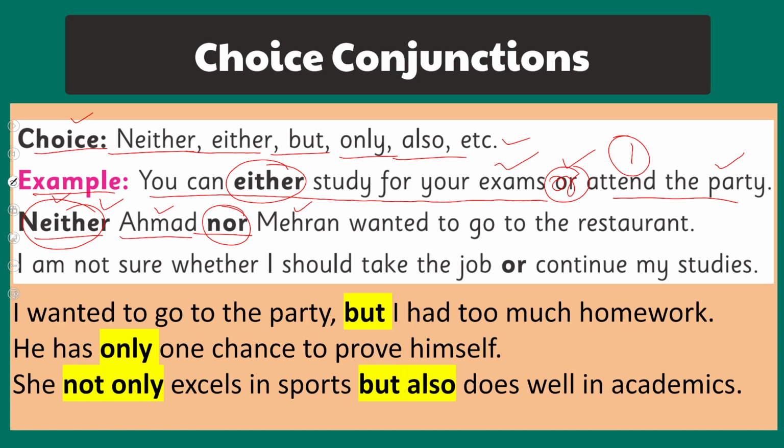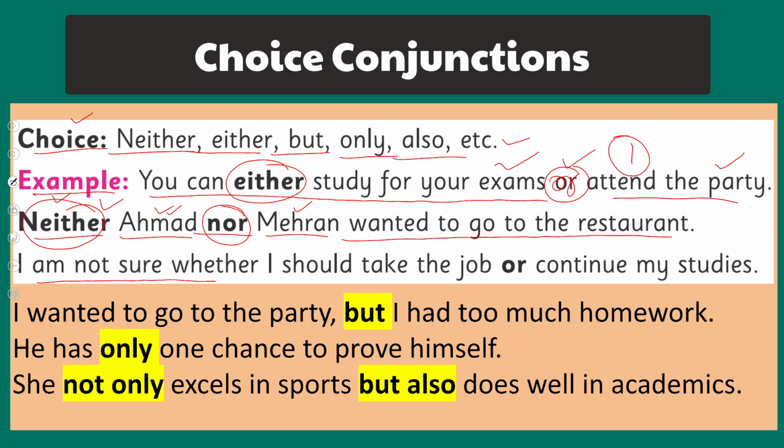Neither Ahmed nor Mehran, both of them did not want to go to the restaurant. So when we are negating both the subjects, then we are using neither nor.